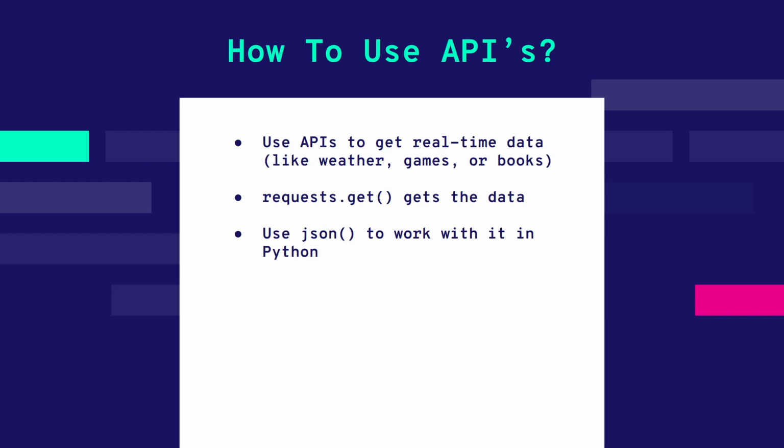Like if there's a website that has data that you need for a project of yours, you could see if that website has an API key. And if they do have an API key, you can just create an account, get your own API key, and then just use it in your own project.